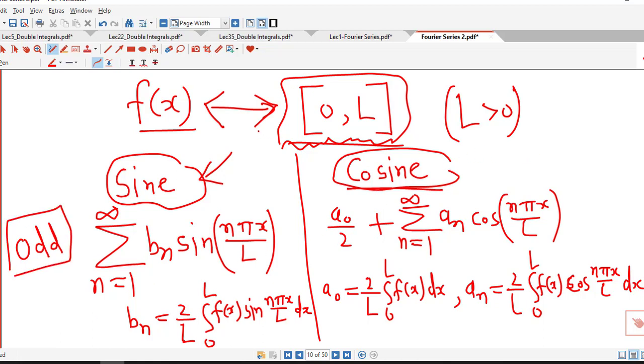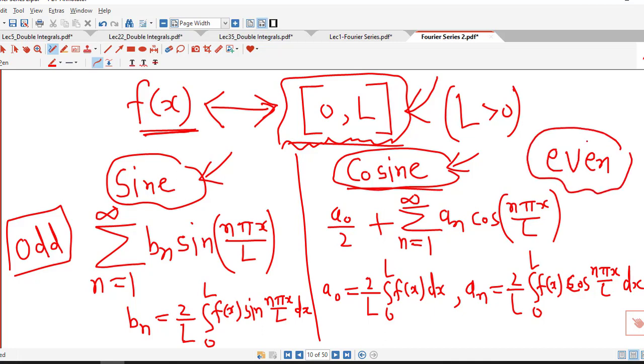And if we are asked to express fx as a half range cosine series, or if we are asked to find out Fourier cosine series of a function on the interval of this type 0 to L, we will use the formula for Fourier series of even functions.